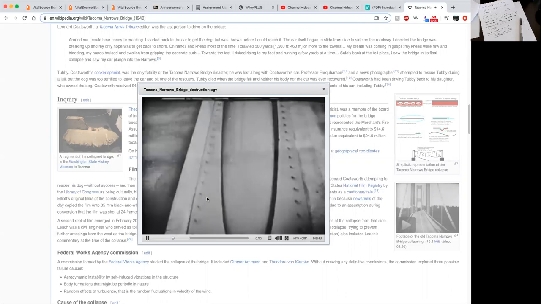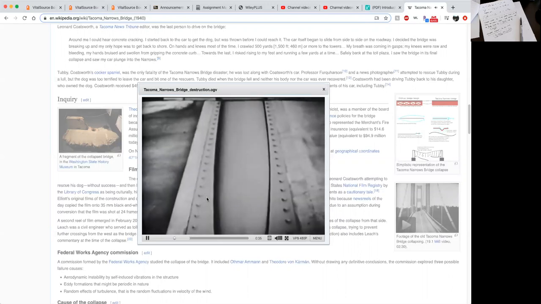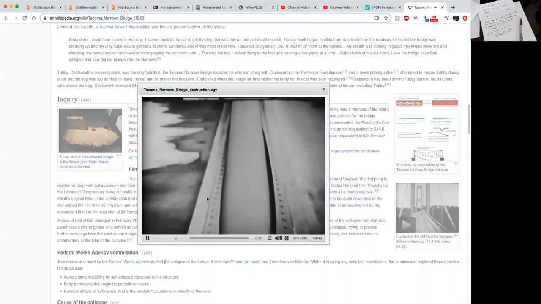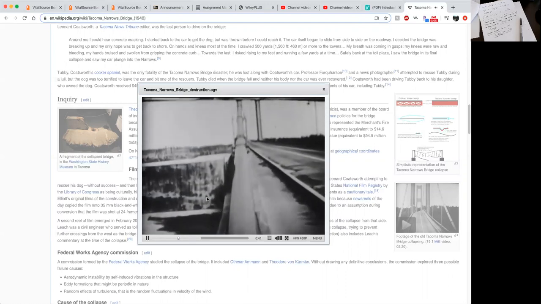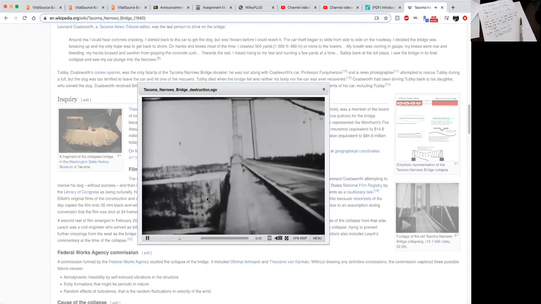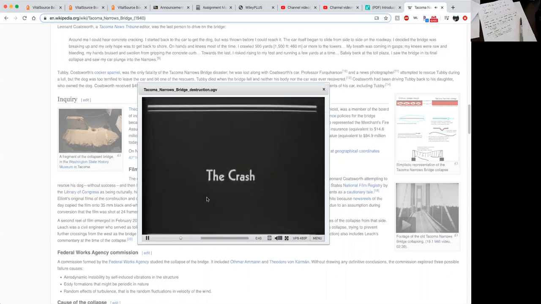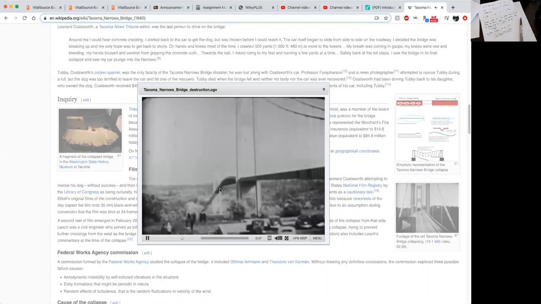Under the assumption that b is really small, you get large vibrations that caused the collapse. So that's the Tacoma example of resonance.